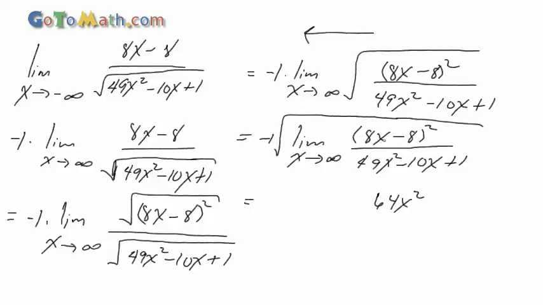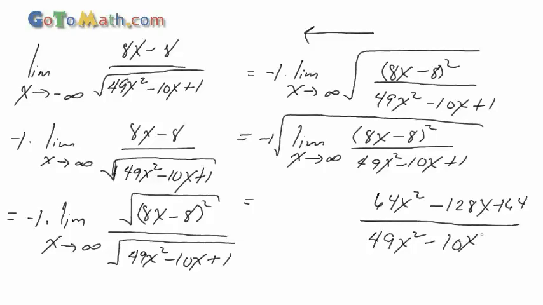We're going to have 8x times 8 is 64x, minus 64x, minus 64x, that's 128x, and then plus 64, even though this stuff doesn't matter at all, over 49x squared minus 10x plus 1.